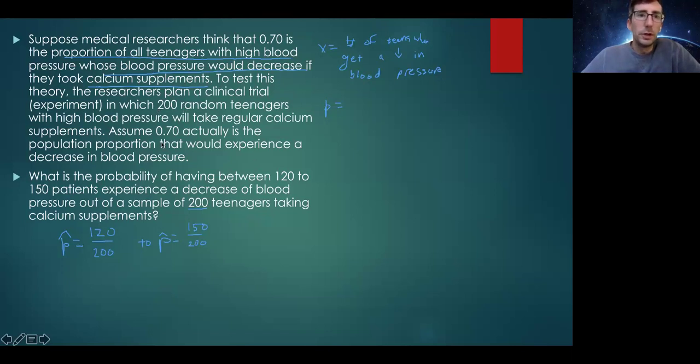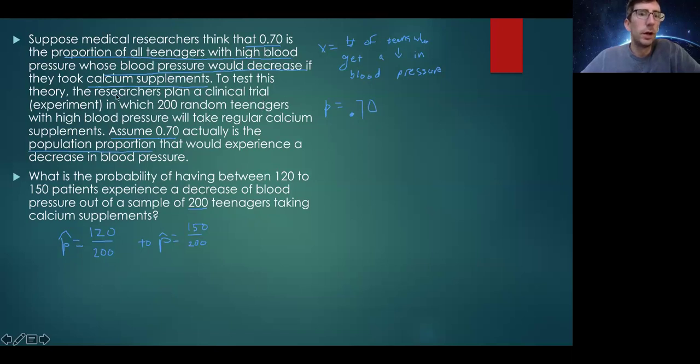We're given the population proportion. We're kind of given it up here, but it's restated down here a little more strongly. Up here, it just says they think that it's 70% or 0.70, but then in the problem, we're also told to assume the population proportion is equal to 0.70. And then what else are we given?